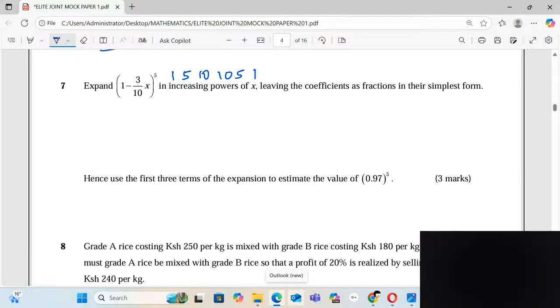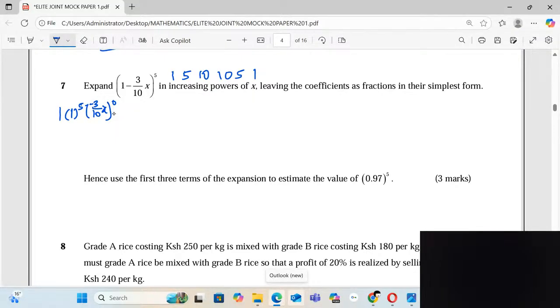We start with the 1, the first coefficient. So we shall have 1, then we take 1 to the power 5, multiplied by negative 3 over 10 x to the power 0. The power of 1 is going to decrease as the power of x increases.